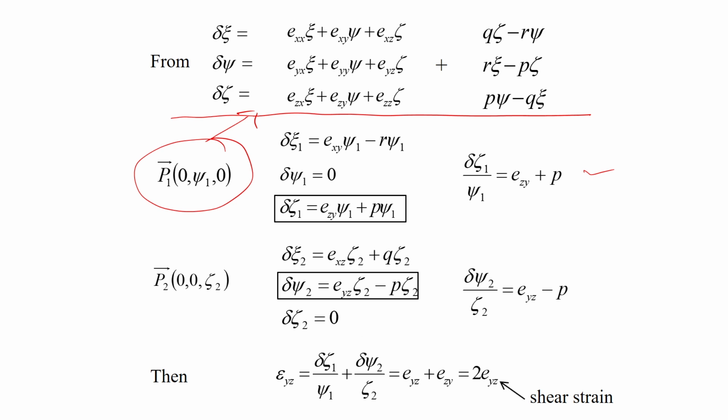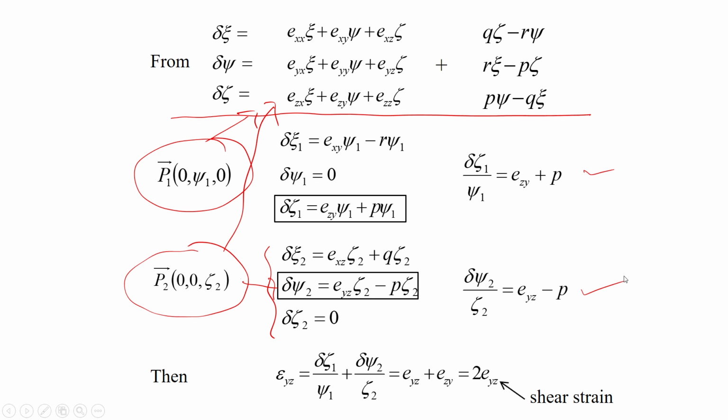Similarly, let us say that for this particular vector P 2 vector is 0 0 and zeta 2, again I substitute over here and we get this particular equation. So, delta zeta 2 is equal to E yz zeta 2, delta psi 2 is equal to E yz zeta 2 minus P zeta 2. So, if I divide it we will get this expression.